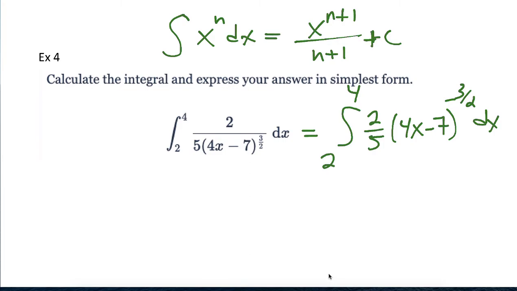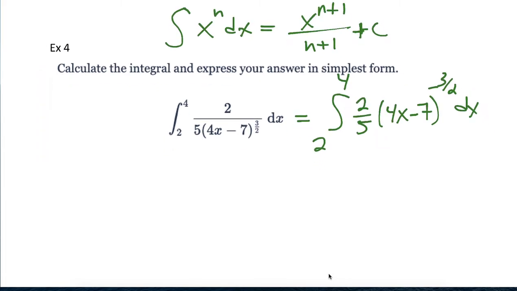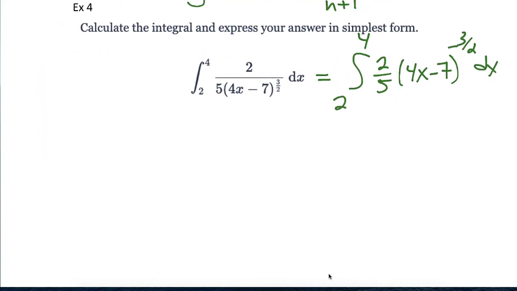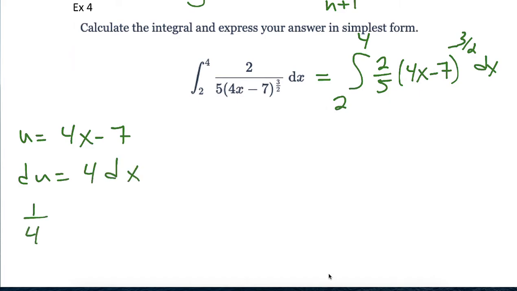But it doesn't fit that thing perfectly, so we have to do u substitution on it. So we're going to make u equal to 4x minus 7. So du is equal to 4 dx. So 1/4 du is equal to dx. Well, now what we can do is rewrite this integral.